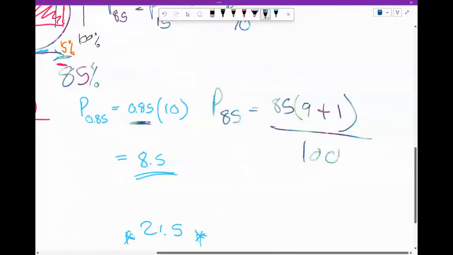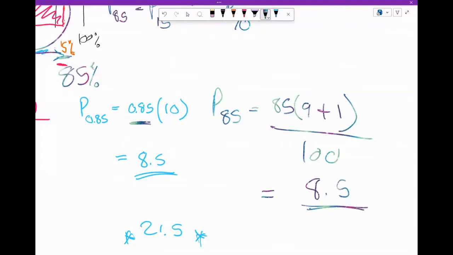That's 10, so that's going to give you 850. 850 on your numerator divided by 100 is going to give you 8.5. I'm just showing you that either way that you do it, you're going to get to the right answer. So pick whatever is most ideal for you.